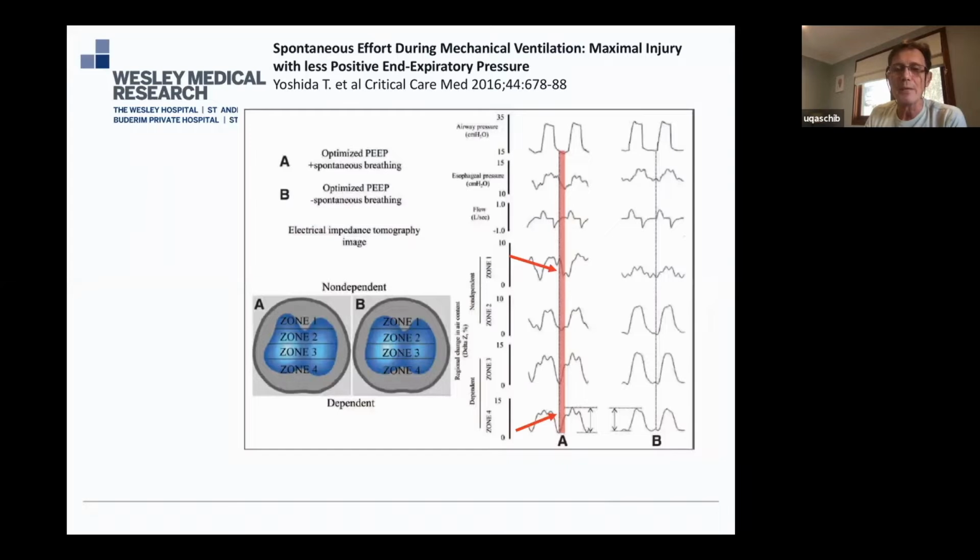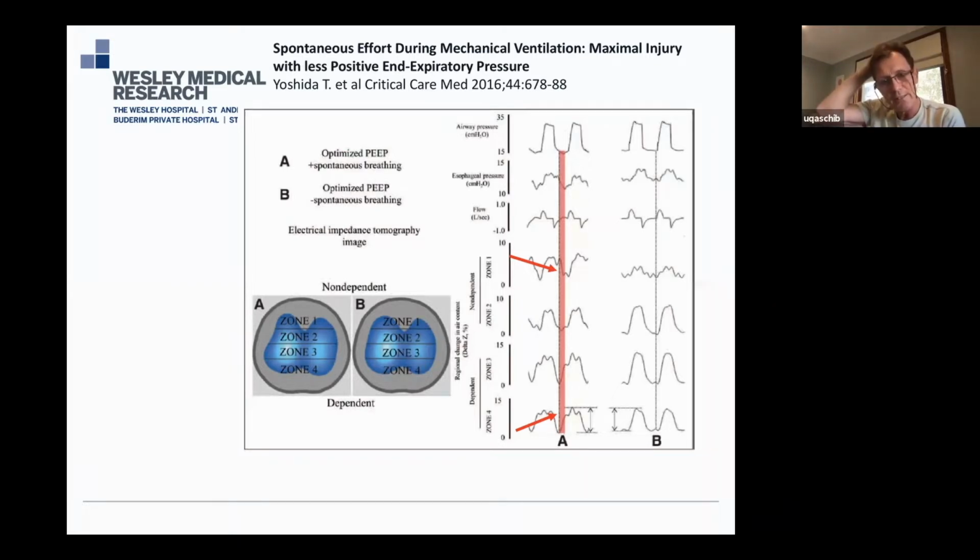Now, I'm leading back here to the four scenarios that we had before: optimized PEEP and spontaneous breathing, optimized PEEP and no spontaneous breathing, so fully pressure-controlled breathing. Now you can see again, I indicated here with the arrow zone 1 and zone 2.